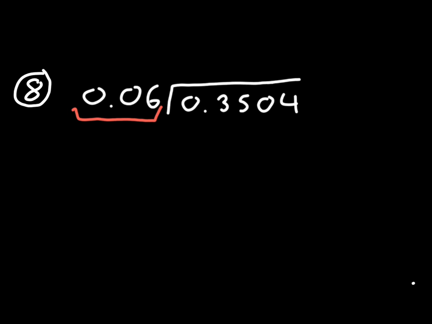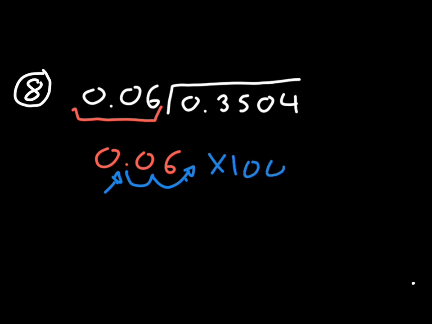So if we were to take the number 0.06 and move this decimal place to over here, we would have a whole number. So essentially we need to move this decimal place 2 places to over there. To do that, we simply multiply by 100. So if we multiply 0.06 by 100, we get 6.